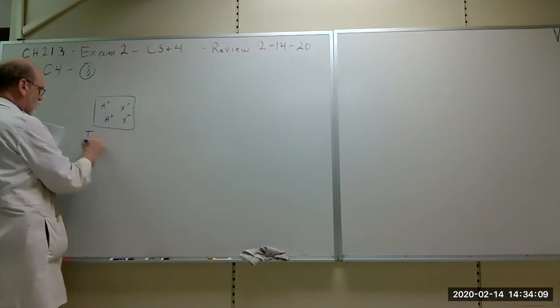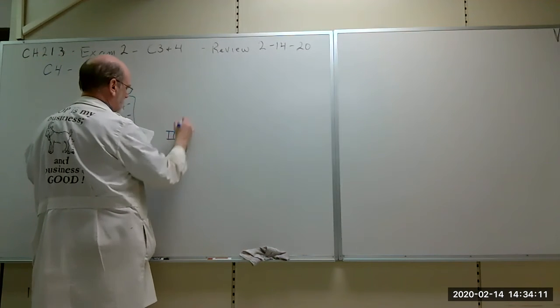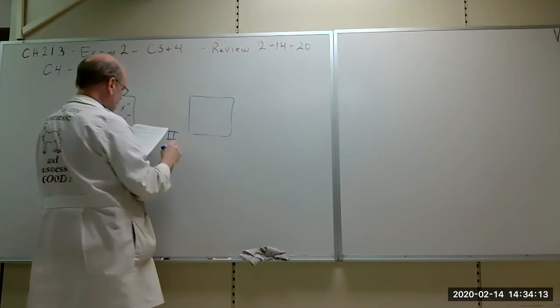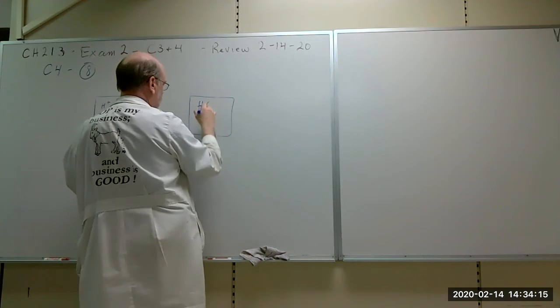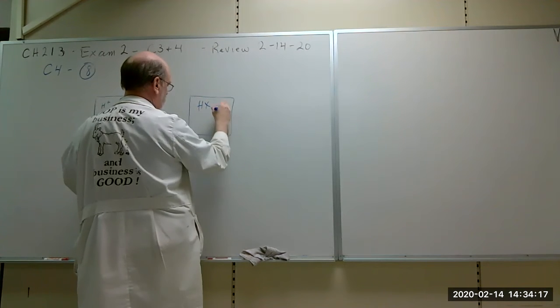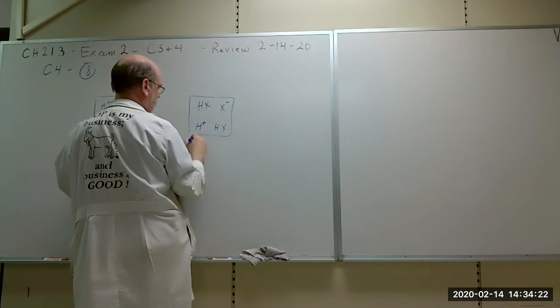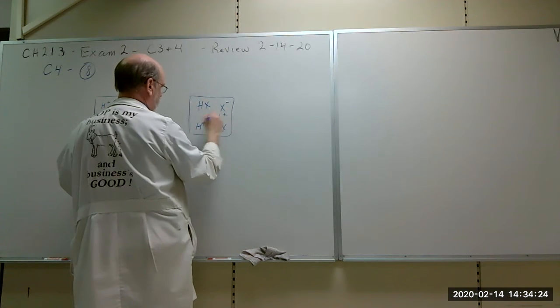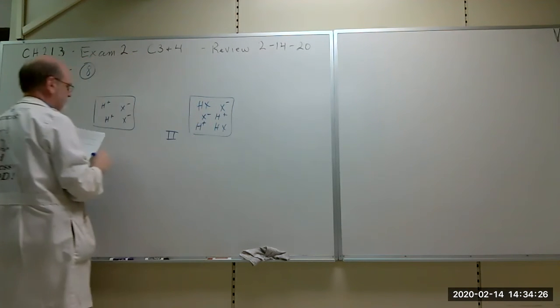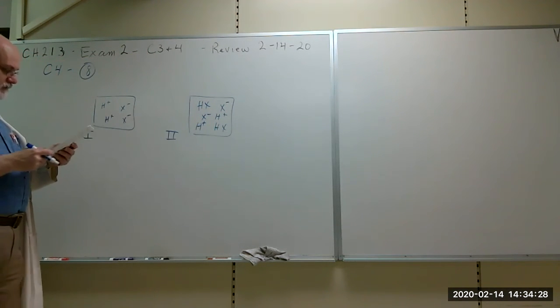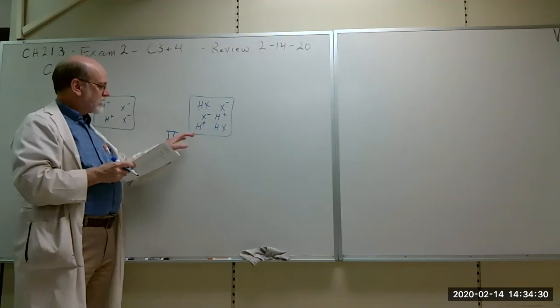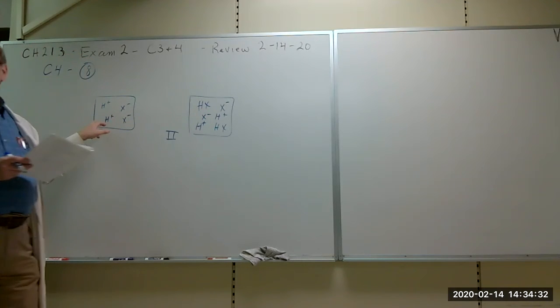And that's Roman numeral 1. Roman numeral 2, you do have some that remain together. Okay. So in that case, I would classify this as weak and this as strong.